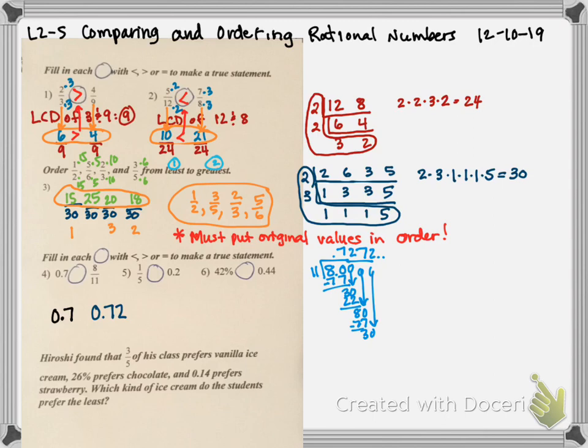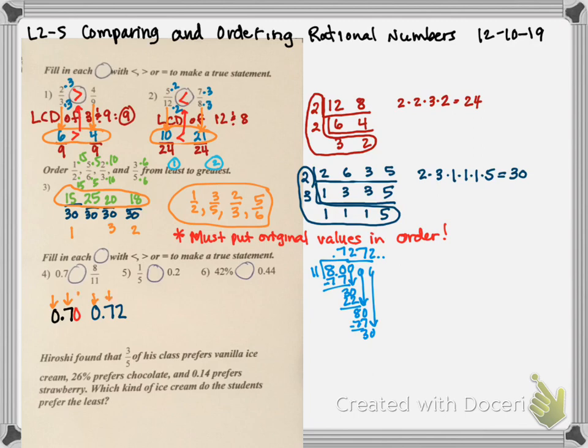So that means with my first number, I'm going to put a 0 there. Remember how I said that we're going to compare the first place value where there's not the same number. If I look at the ones column, they both are a 0. That doesn't help. I go to the tenths column, they're both a 7. That doesn't help.